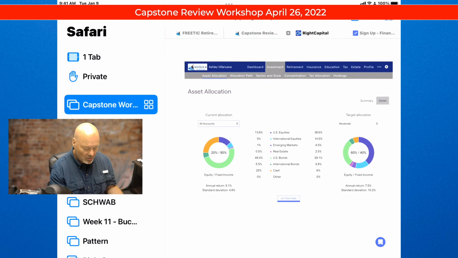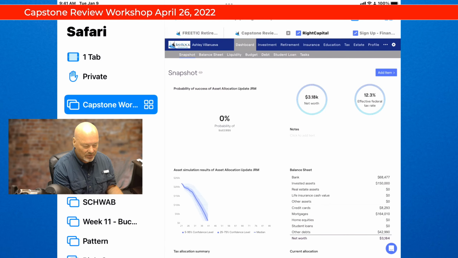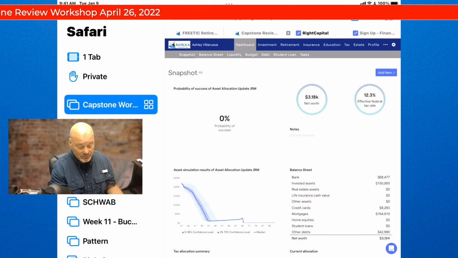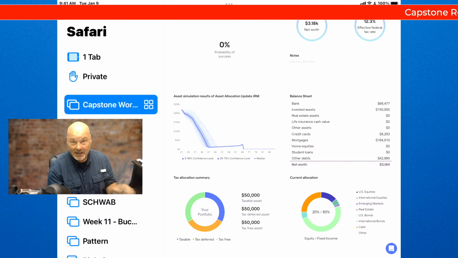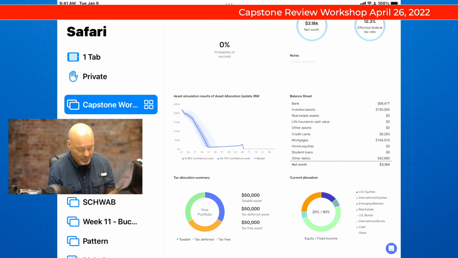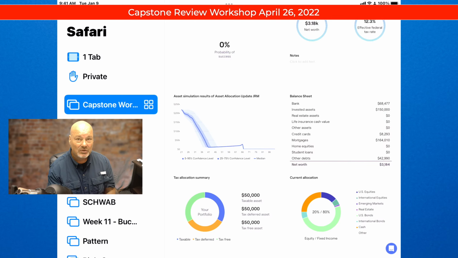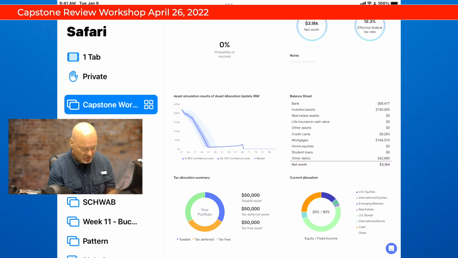If I go back to the dashboard, and even though you don't have a dashboard, you should know what your tax allocation is. And you can see that Ashley did this correctly in this week's assignment. It was to put money into types of accounts so that she had a taxable, a tax-free, and a tax-deductible. So that's what she's showing here.